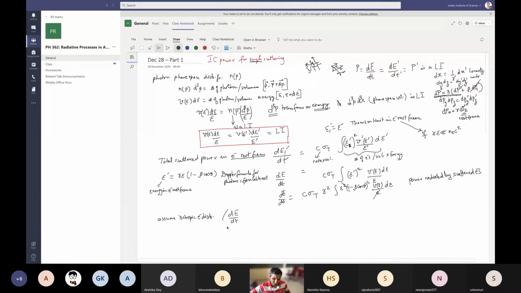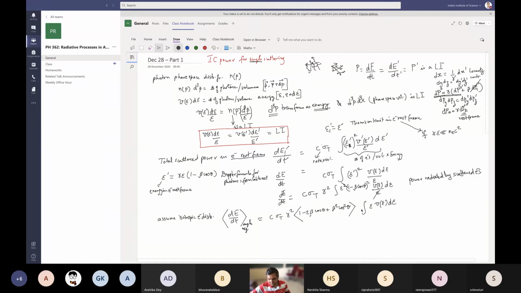When you average over all angles theta, the angle-averaged value is equal to c sigma_T gamma squared times (1 minus twice beta cos theta plus beta squared cos squared theta), times epsilon v(epsilon) d epsilon.